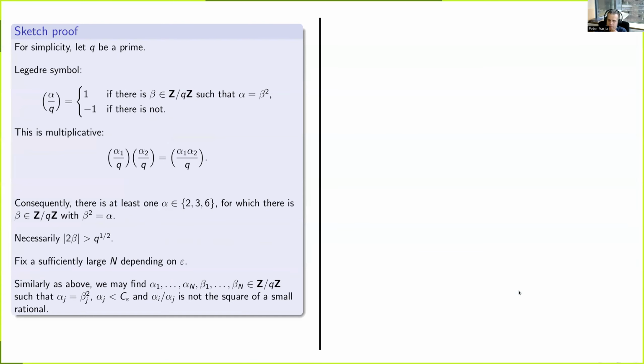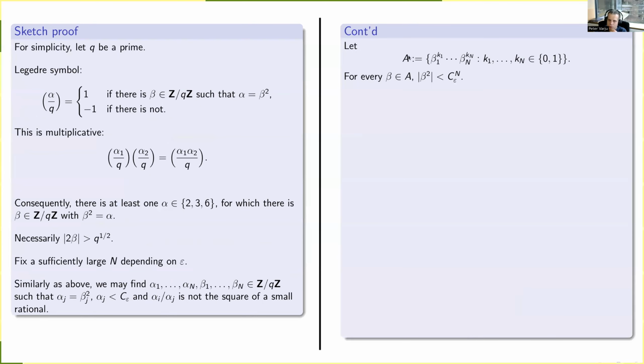And then I'm going to form this set A, capital A, which will be all the products that you can form from the betas. The exponents k1 up to kn are chosen arbitrarily from 0 and 1. So this expression that you see here, this is all the different products that you can make with the betas.